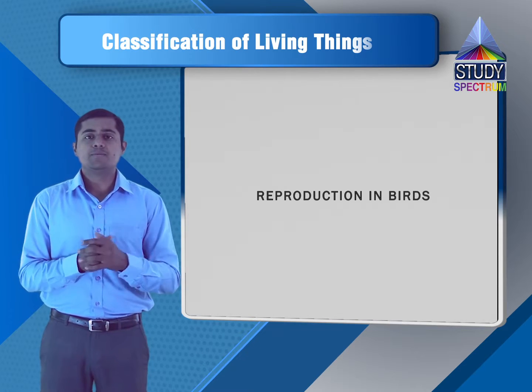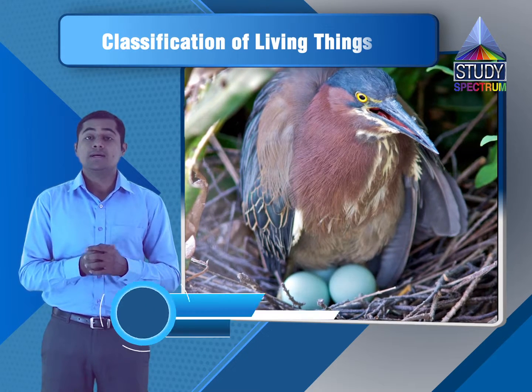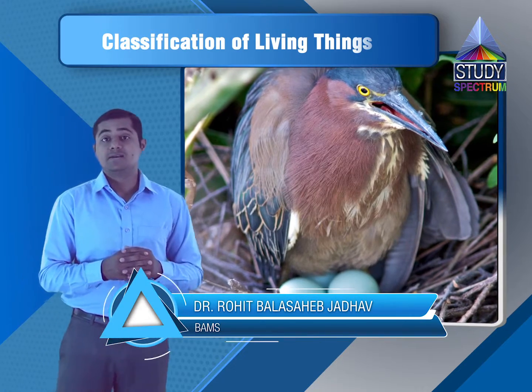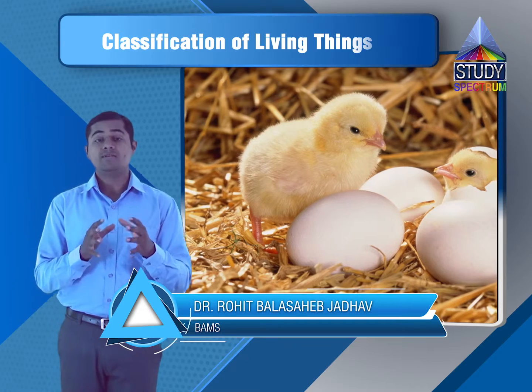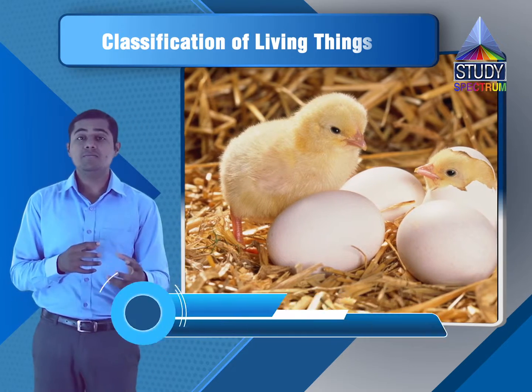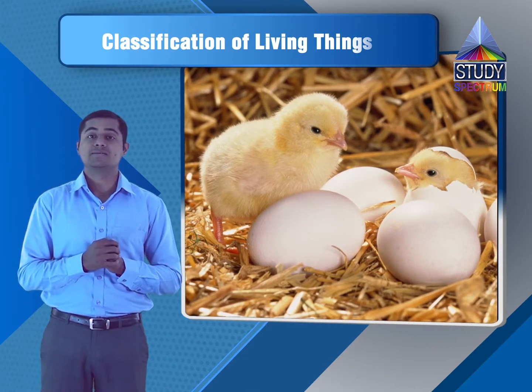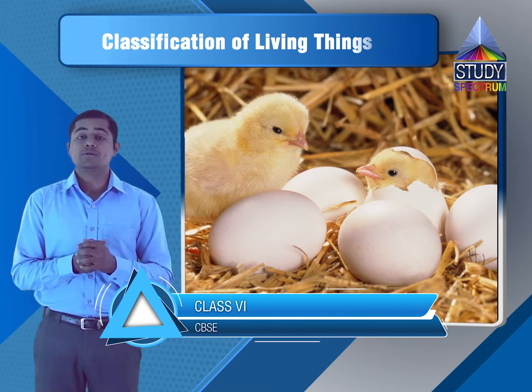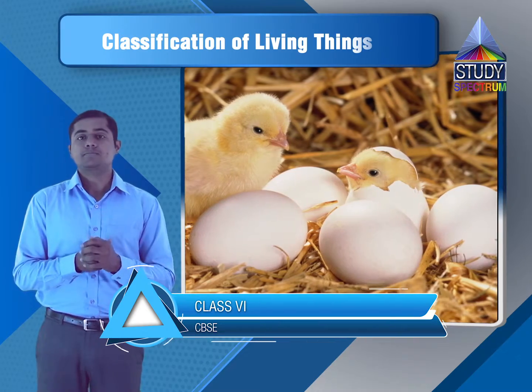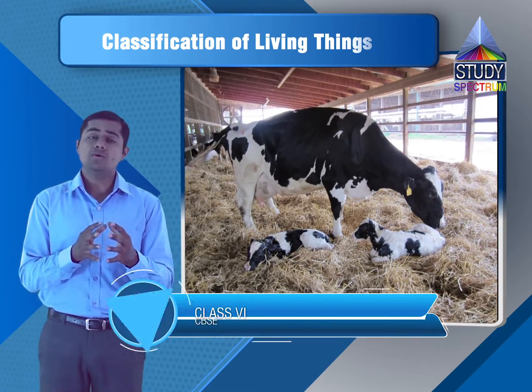How do the birds reproduce? They lay eggs. Then they hatch them for some time. After hatching, the young birds come out of those eggs. So, birds reproduce via eggs. But how does a cow reproduce?